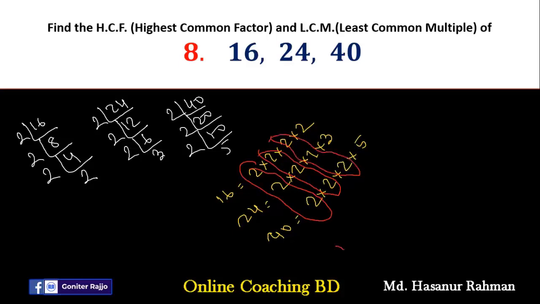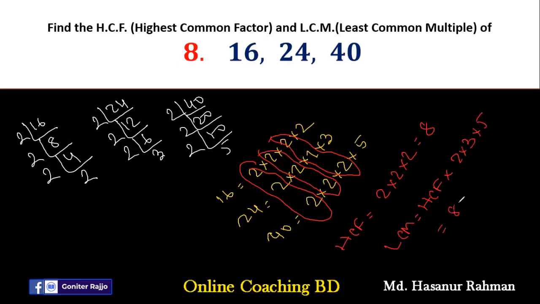So we can say HCF will be these common numbers: 2 multiplied by 2 multiplied by 2, that is 8. Now, what about the LCM? LCM will be HCF multiplied by the rest of the numbers: 2 multiplied by 3 multiplied by 5. So 8 multiplied by 2 multiplied by 3 multiplied by 5, that is, 5 threes are 15, 15 twos are 30. 30 multiplied by 8, that is 240.